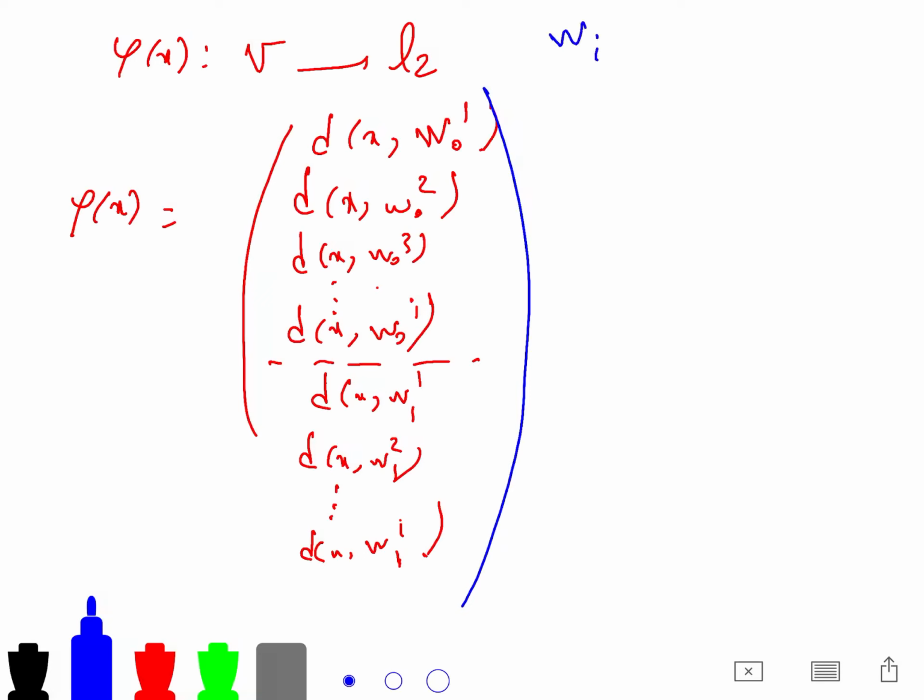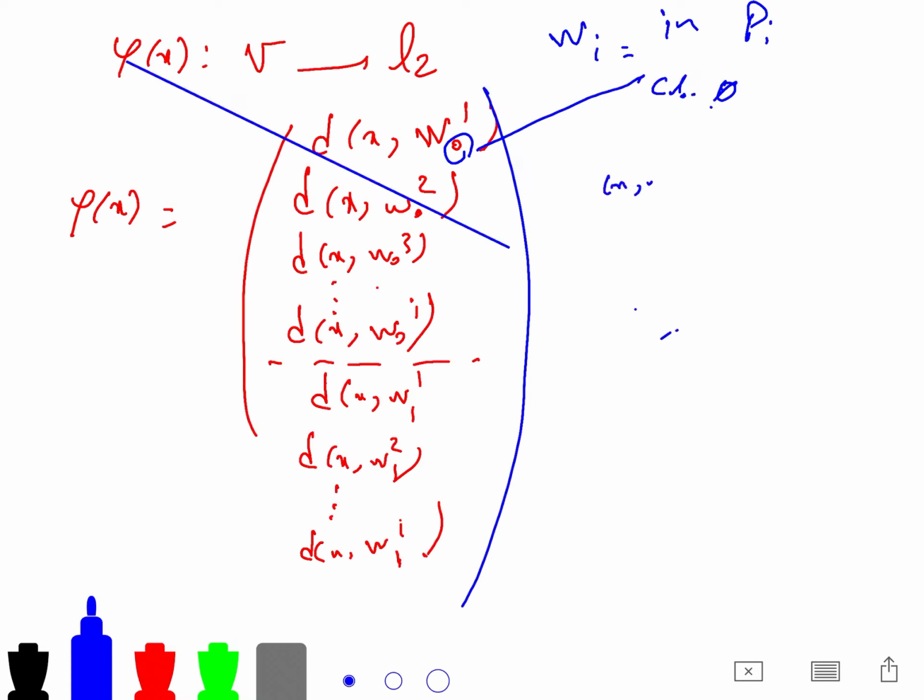And of course, WI is just the set of nodes contained in the cluster. For example, here is color 0 in partitioning PI. So it is just a set of nodes contained in that cluster, but it has some color. For example, color 0 corresponds to W0, because we have a partitioning.